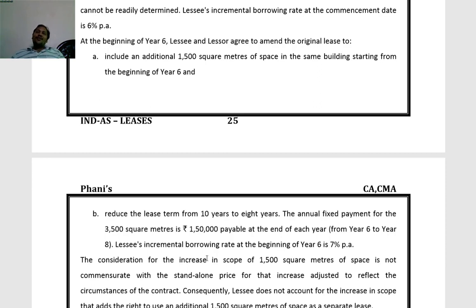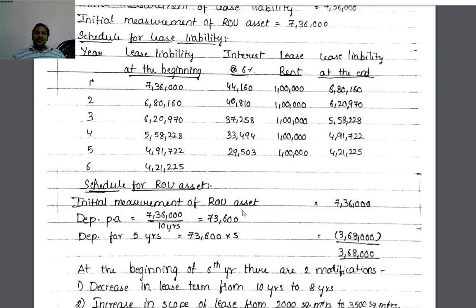Remeasure the liability. 1,50,000 lease rent is there, remaining 3 years are there, revised discounting rate 7%. With that, you arrive at the revised lease liability. Now, after the first modification, whatever lease liability is there, you compare these and increase the lease liability to the extent required.